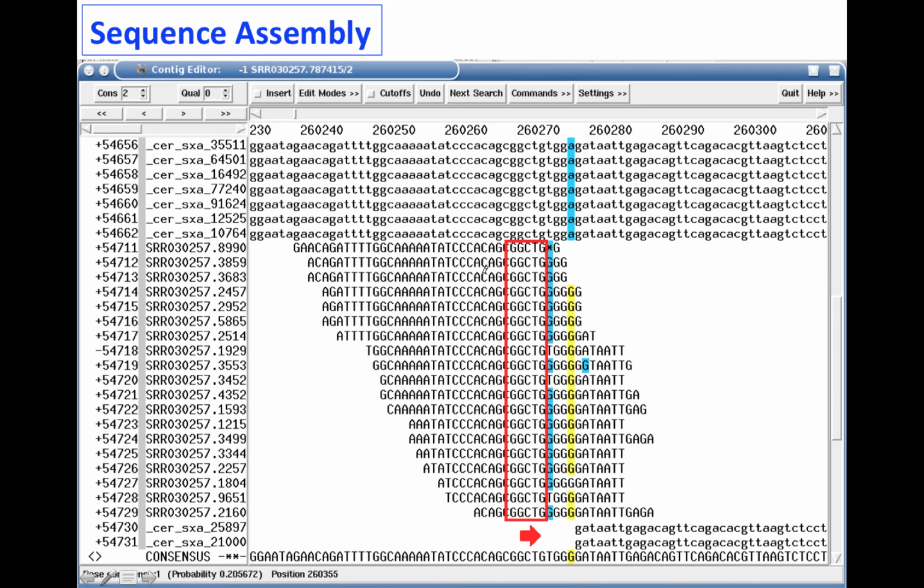Okay? If you do many reads from the same section of the genome, they should all be the same, but sometimes they're not. Sometimes you have some ambiguity in it. And you have to take that into consideration, and you come up with a consensus sequence.